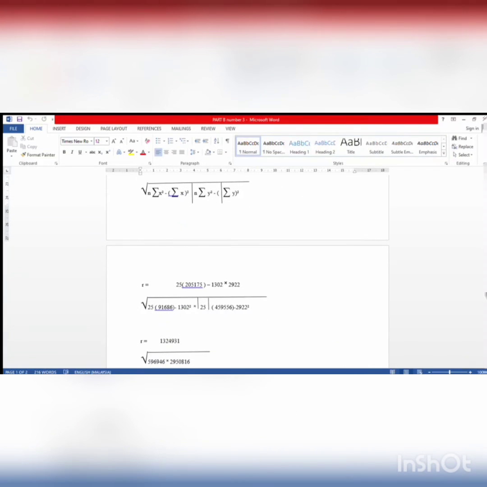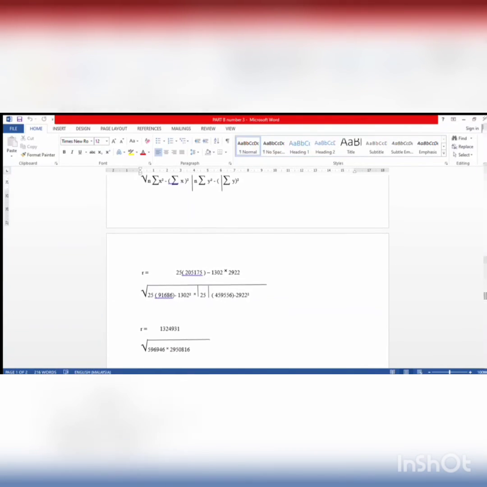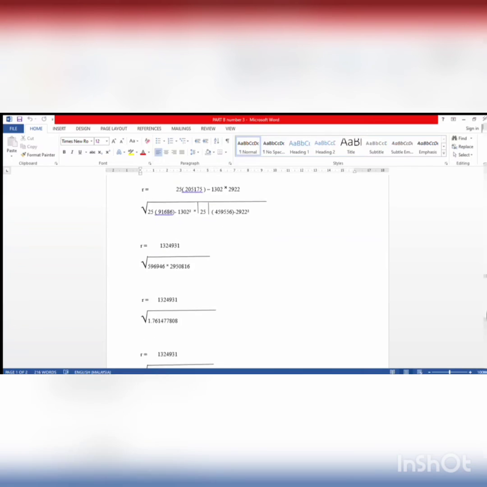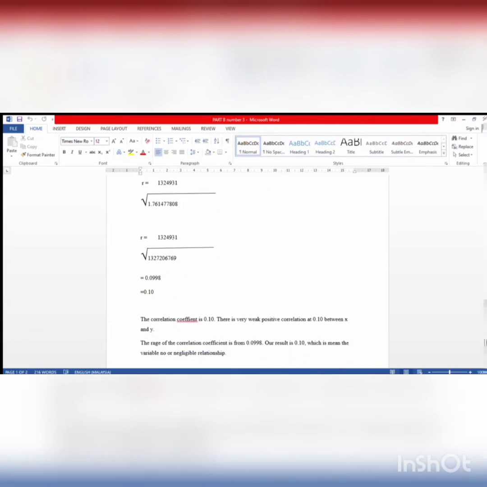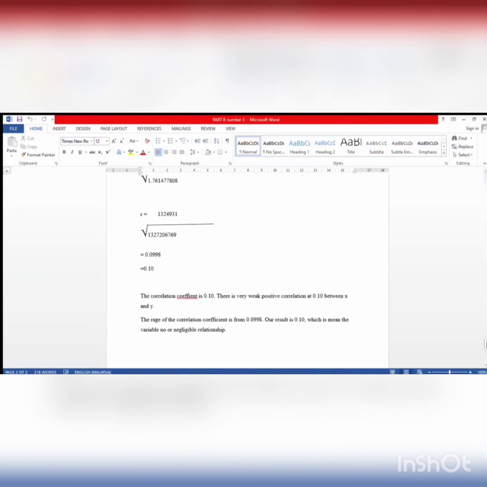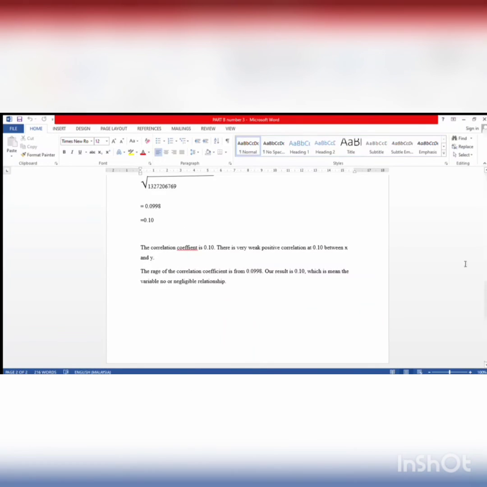Below is the calculation method and the total amounts from the results I calculated. And lastly, you must draw the calculation like this for understanding.